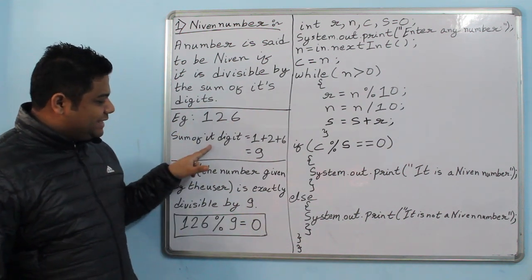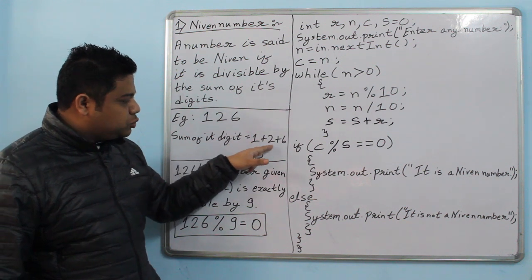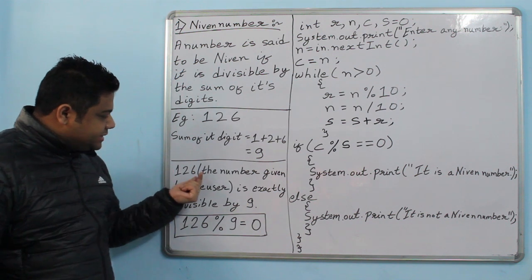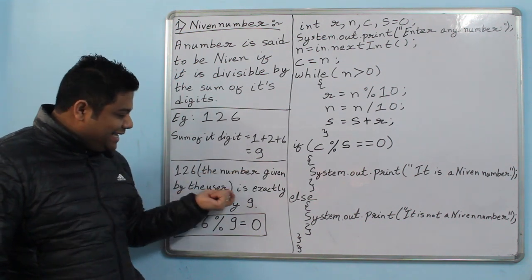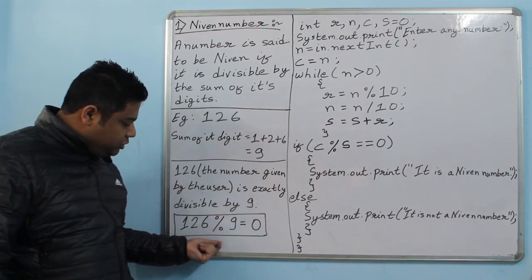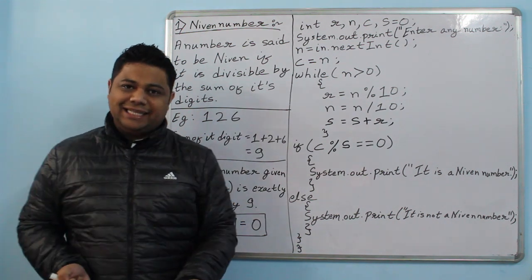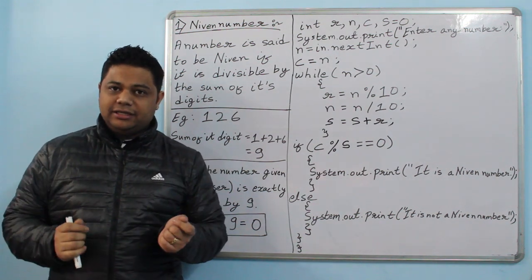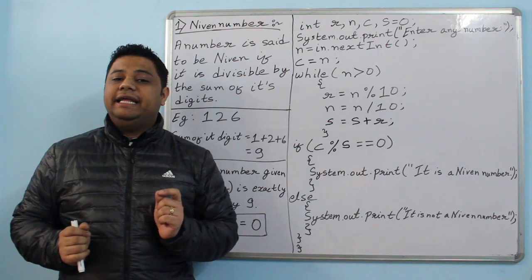The sum of its digits is 1 plus 2 plus 6, which is equal to 9. Now 126, the number given by the user, is exactly divisible by 9. That means 126 modulus 9 equals 0. You can check whether 126 is exactly divisible by 9 or not. It is, so it is a Niven number.